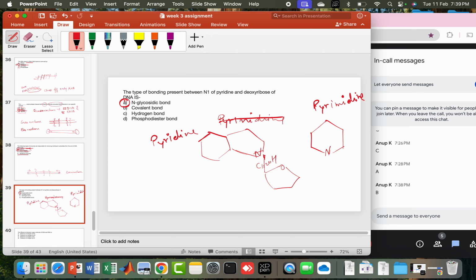So as it is with the deoxy sugar, it forms an N-glycosidic bond. A phosphodiester bond is formed between the phosphate group and the 3' hydroxyl group on the sugar, which is here. So this is the 3' hydroxyl group, and the phosphate group. The phosphodiester bond forms between these. So the answer is N-glycosidic bond.